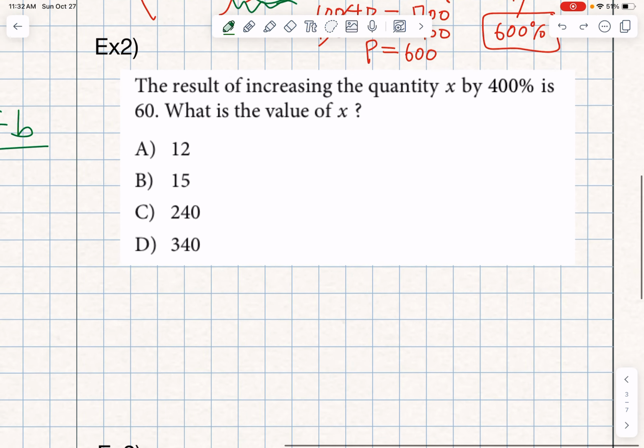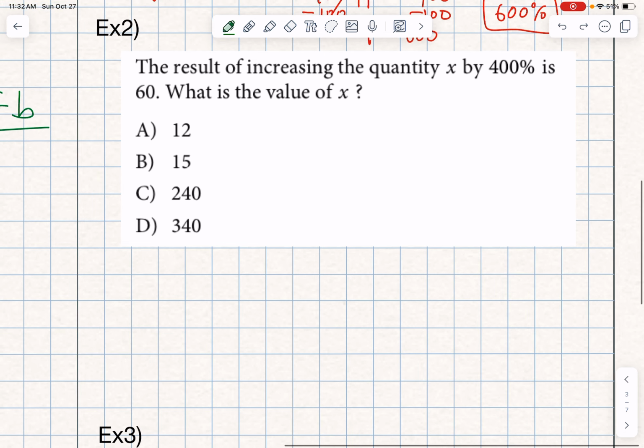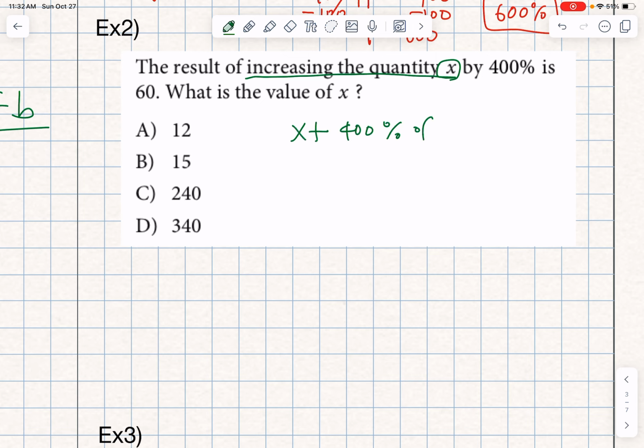And then let's see the next problem here. The result of increasing the quantity x by 400% is 60. What is the value of x? They said the result of increasing the quantity x, there's an x, and they're increasing by 400% of x, and that result will be 60.